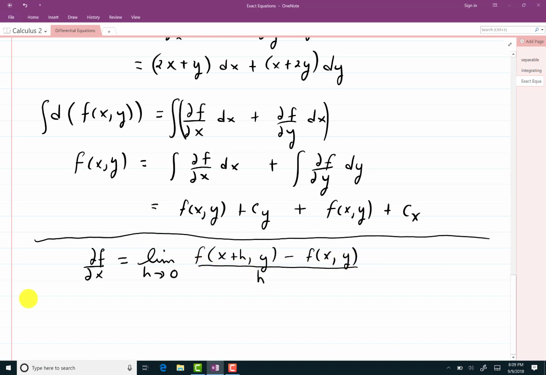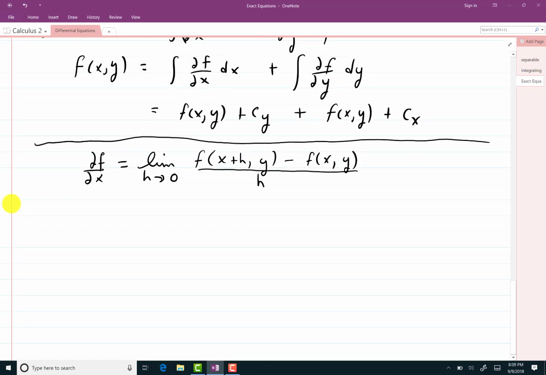And you can see right here that if I had not had these y's here, this is the exact same definition of a derivative in one variable. It's just that the x's are moving and the y's are staying constant. That's what I've been saying the whole time. If I want to do the partial with respect to y, then the x's would stay constant, but I would have a y plus h here.